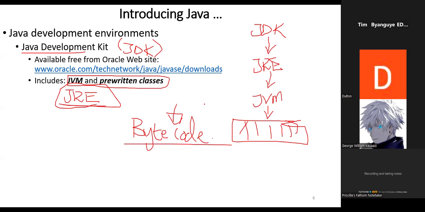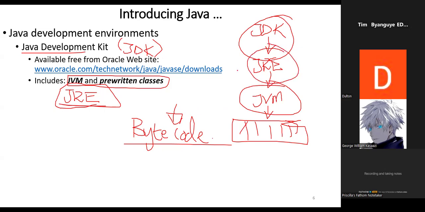The component in charge of converting the Java source code that you've written into bytecode is the JVM. So the JDK is a toolkit that contains everything that you need to write, run, compile, and debug your Java programs.